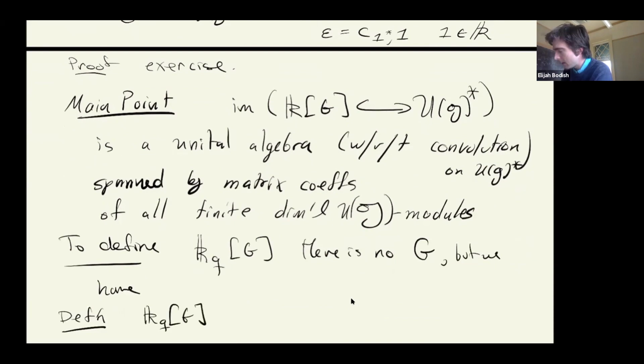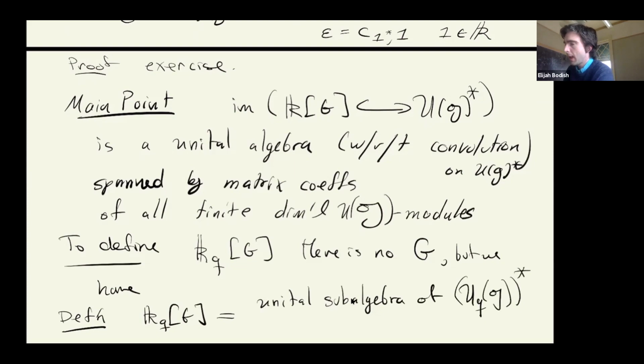K_q[G] is the unital subalgebra of, now I take the quantum enveloping algebra, its linear dual, and I still have the same convolution type product, because it's just defined in terms of the co-multiplication, which I have for U_q(G).